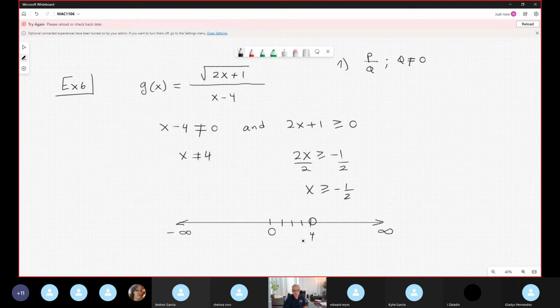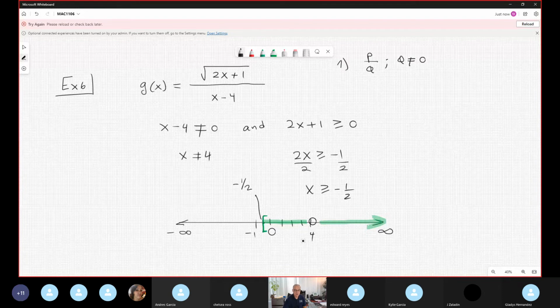Illegal 4. And negative 1/2, this is negative 1, so this is negative 1/2 here, to the right. But unfortunately, when you go to 4, it's a hole. You jump the hole and continue forever in that direction. So now be careful: we have the equal sign here, including negative 1/2.